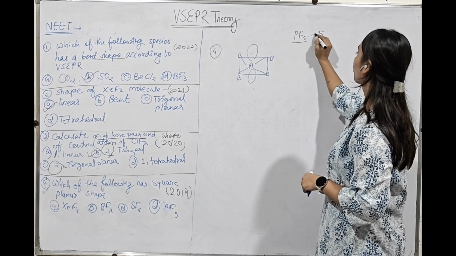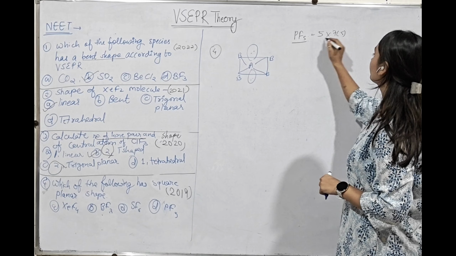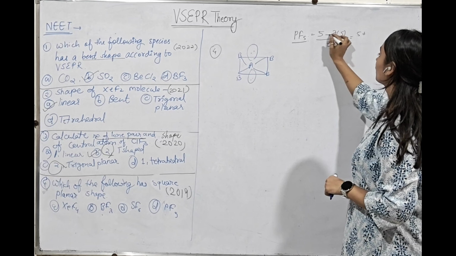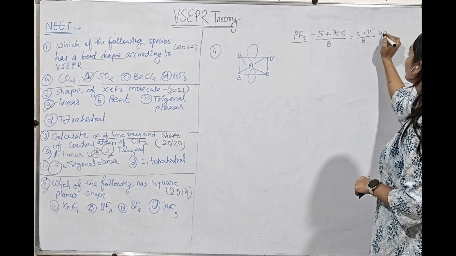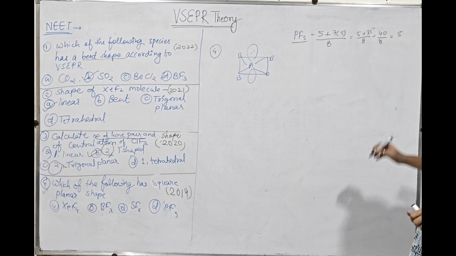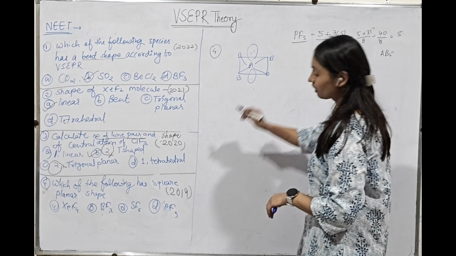Phosphorus has 5 valence electrons, and 5 times 7 upon 8, right? It's going to give us 5 plus 35 upon 8, that is 40 upon 8. It's going to give us 5. That means 0 lone pairs, right? And it's going to form AB5 type, right?